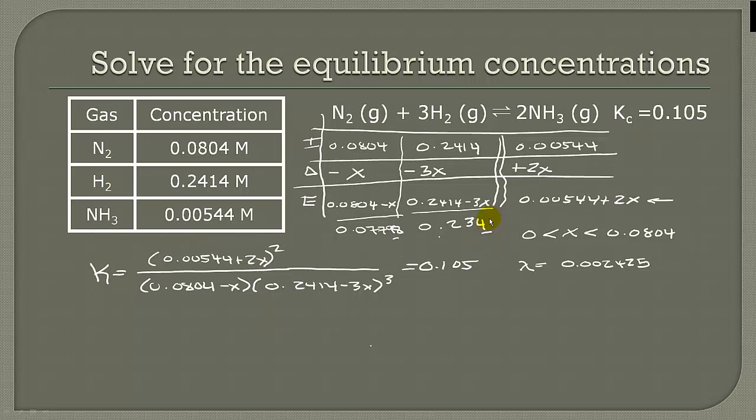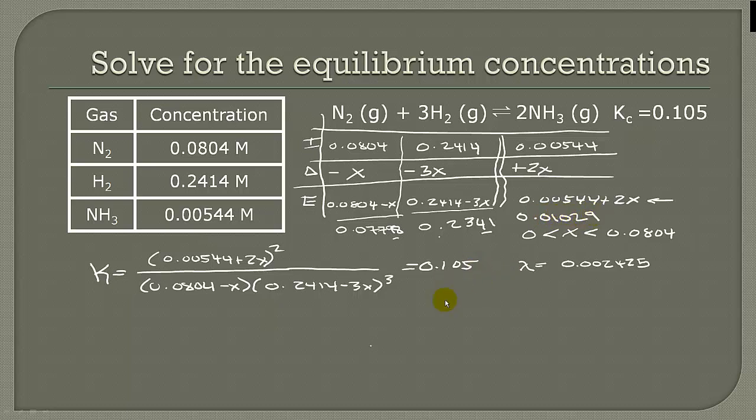I'll carry one more digit in my calculations, and the concentration of NH3 is 0.00544 plus 2x, and that gives me a value of 0.01029.